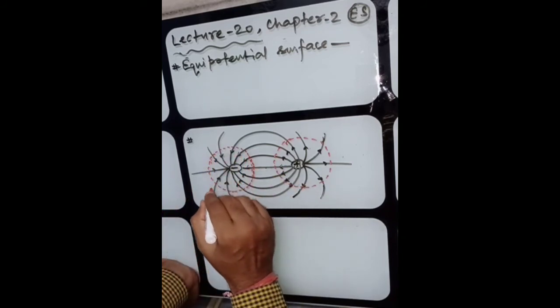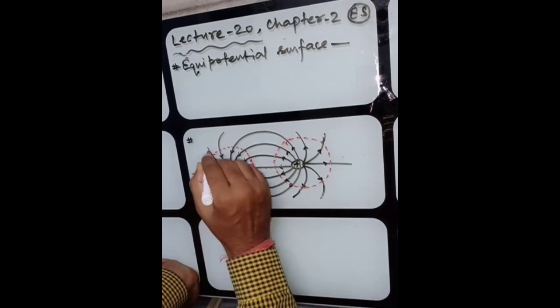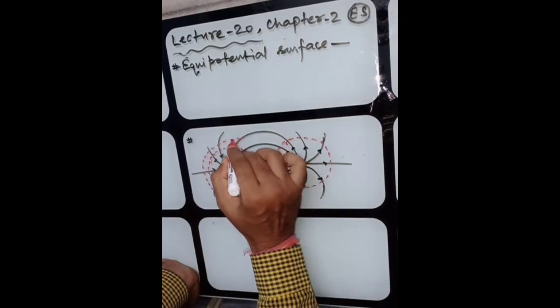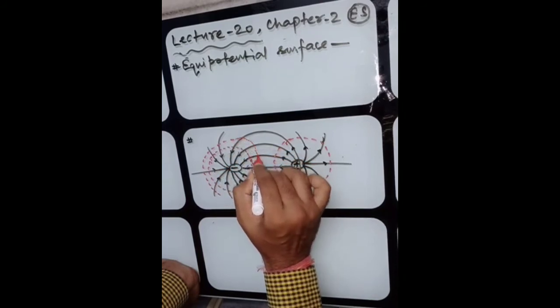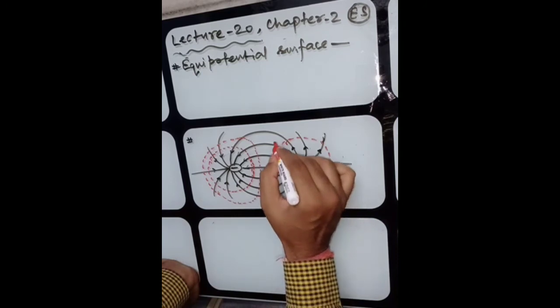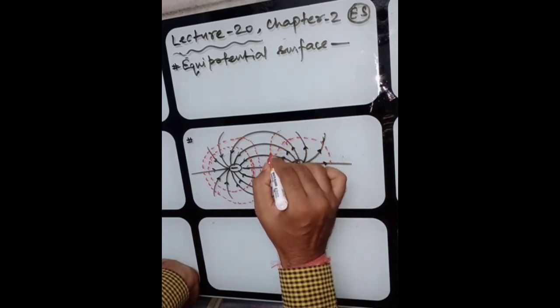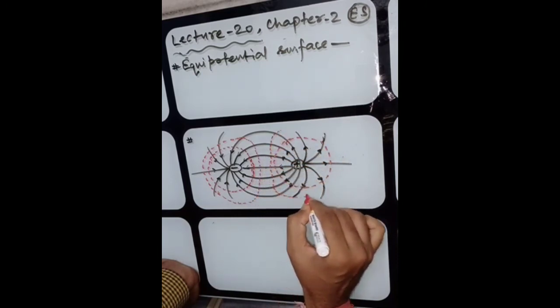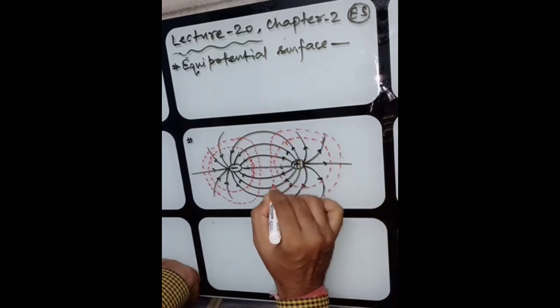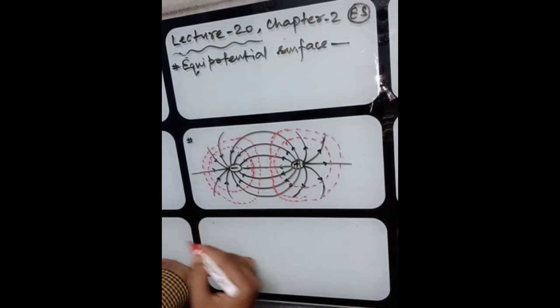Now the next one, as you draw, it will be turned, but you can see here the line is curved, so it will be a little bit flat. You can see the change in shape. Here it will be round, but it will be like flat.